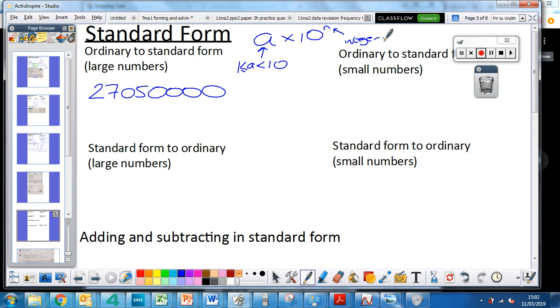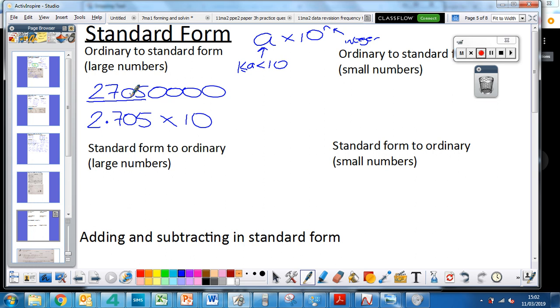What we're looking at here is that this is going to become 2.705 times 10 to the power something. We know that because using these digits, 27050000, it's the 2705 bit here that we need. If that's got to be between 1 and 10, then 2.705 is the best we can do.